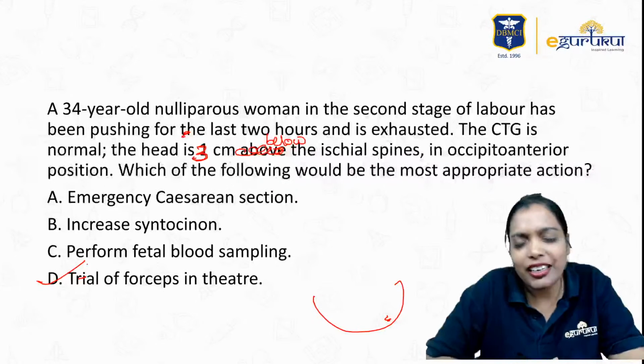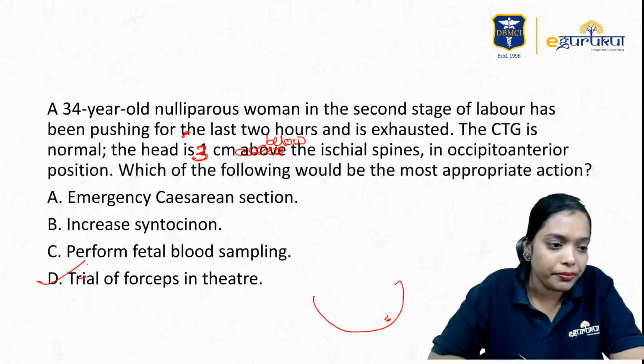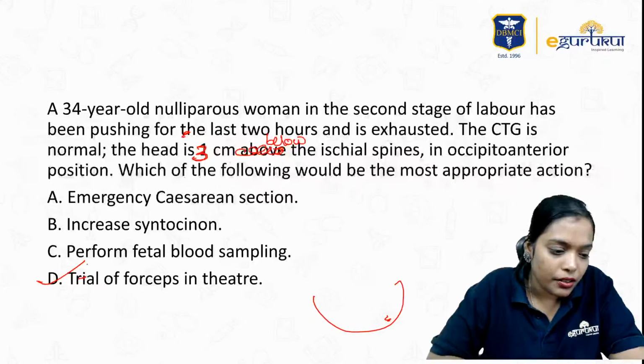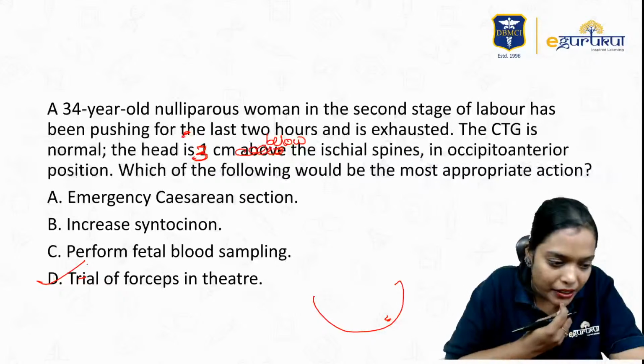So even if the mother is exhausted and lying down, you can put a forceps and pull the baby out. Okay. Yes, Harish, they can. Next, 34 weeks is about 8 months, antenatal ward is the right option.